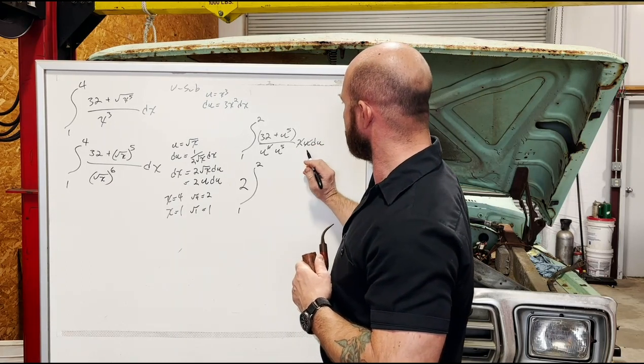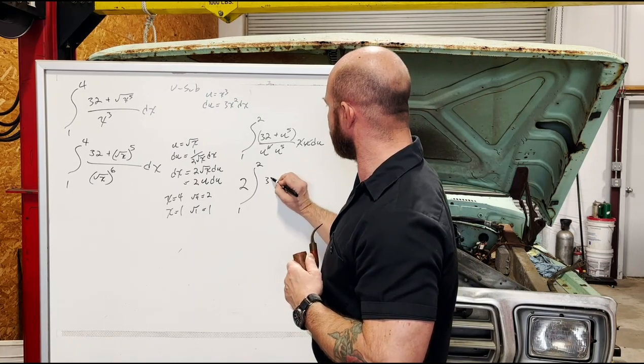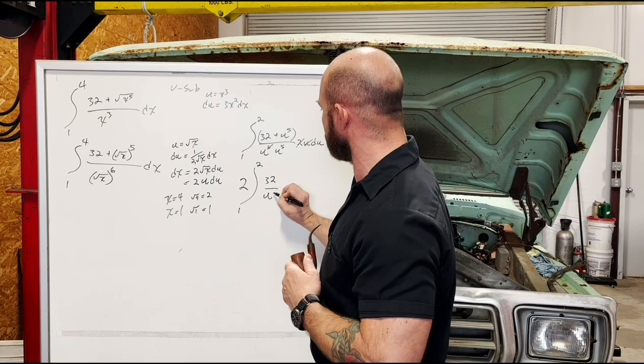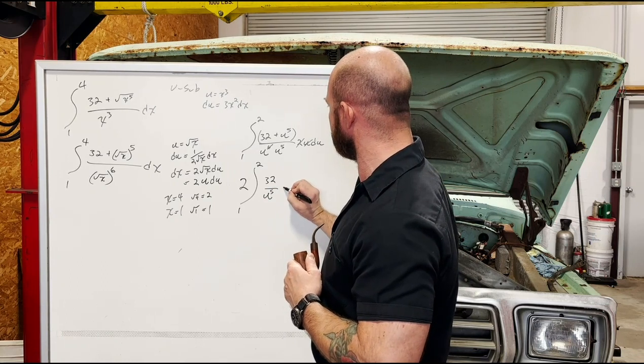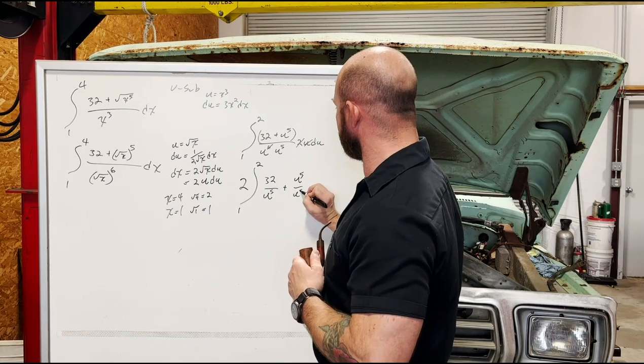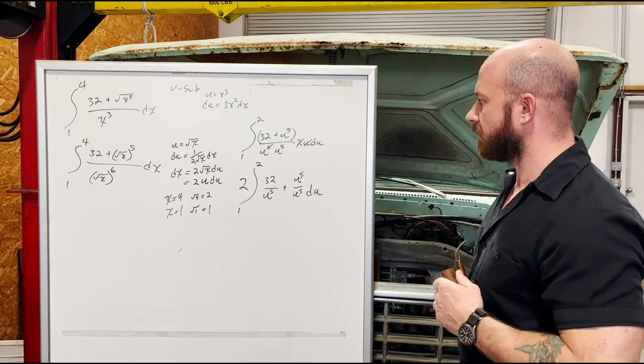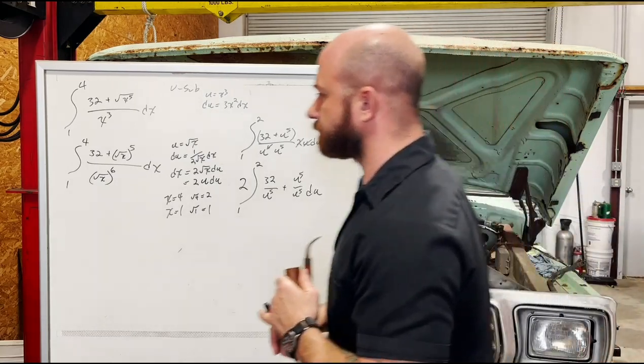Okay? Then we can expand this fraction to give us 32 over u to the fifth plus u to the fifth over u to the fifth du. Now we can integrate this.